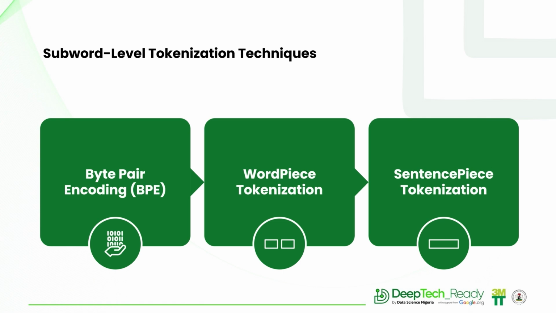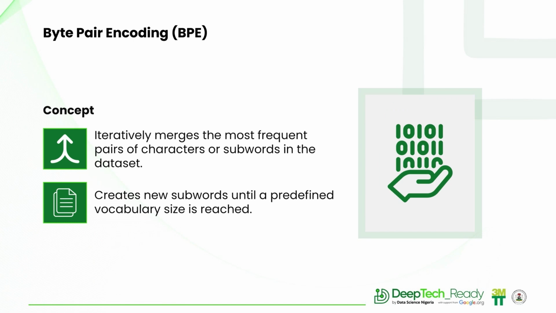Let's start with the first one, that's the byte pair encoding or BPE, which works by starting with individual characters as tokens and then iteratively merging the most frequent pairs of characters or subwords in the dataset. And then in doing that, it creates new subwords until a predefined vocabulary size is reached.